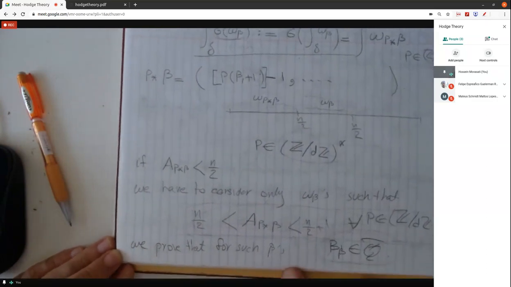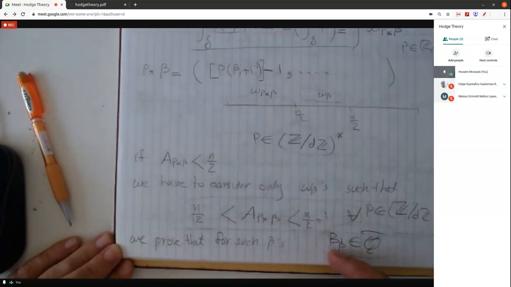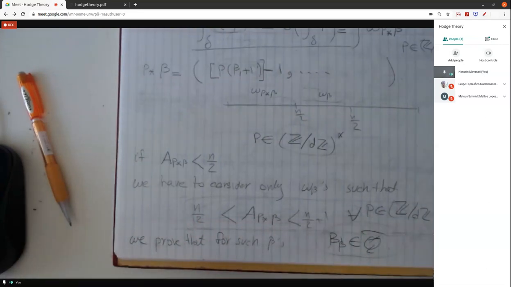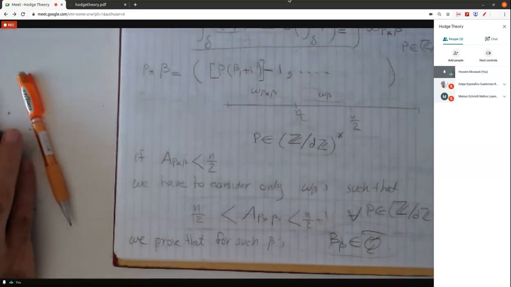The proof of this conjecture for this kind of betas with this property is not difficult, and it is proved in the appendix of Deligne's article. This appendix is due to Koblitz and another author. Anyway, I think for today we are done.